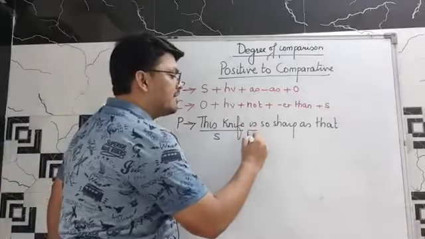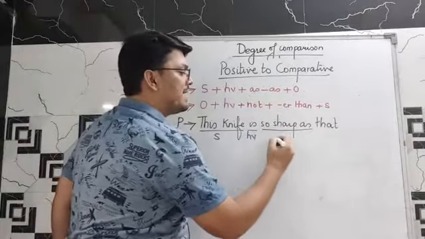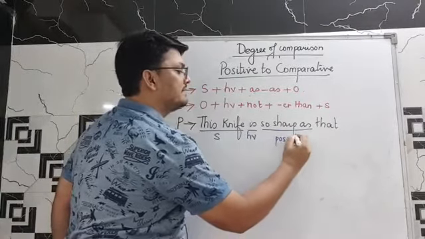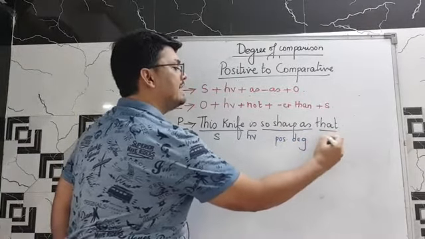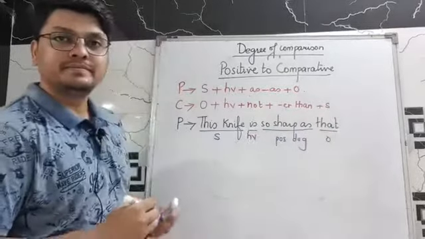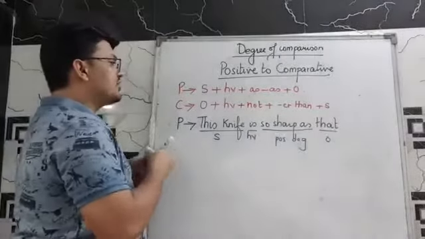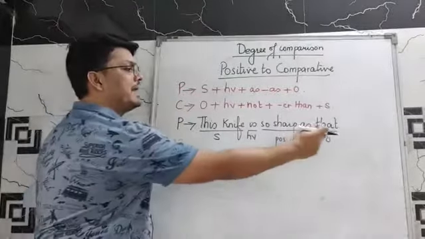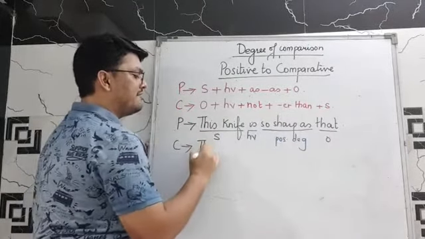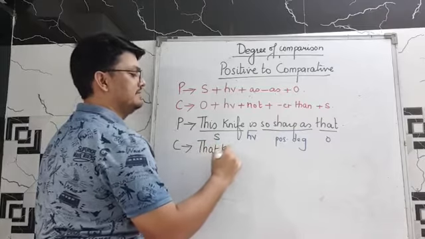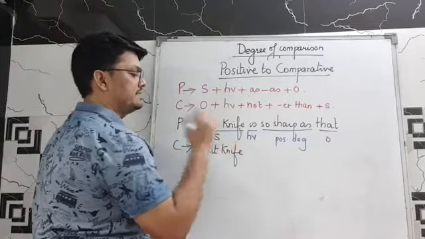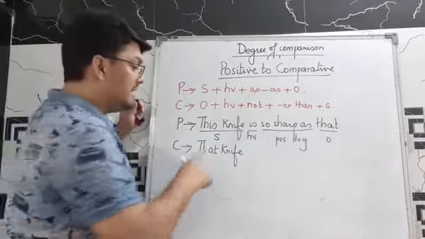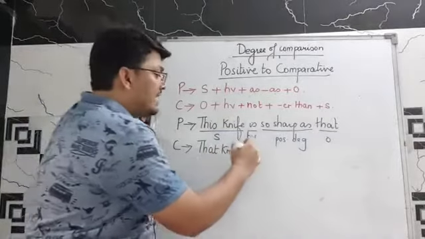Is is the helping verb. So sharp as is my positive degree, and that is my object. So according to the structure, I will place the object, that knife, in the subject's place. That knife. This is also singular, so I'll use is.